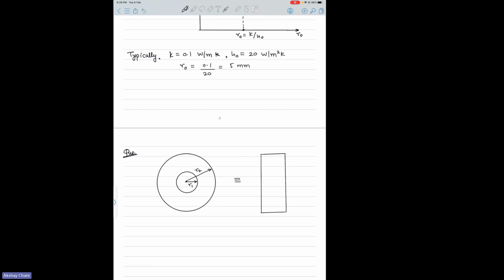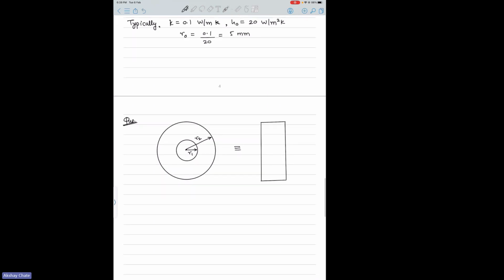So a planar slab like brick or something like that. So the condition is Q should be the same. Whatever Q was flowing from T1 to, let's say, T2, the same heat will flow across this wall also, from T1 to T2.